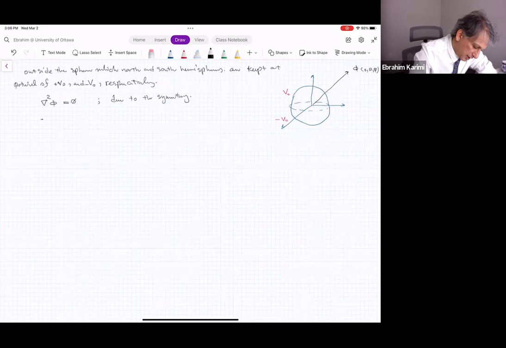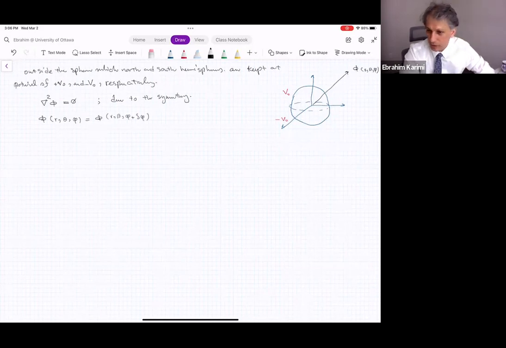So phi of r, theta and phi will be equal to phi of r, theta and phi plus any delta phi, any rotation that you have, or phi prime, or phi 0, or phi 1, whatever you want.